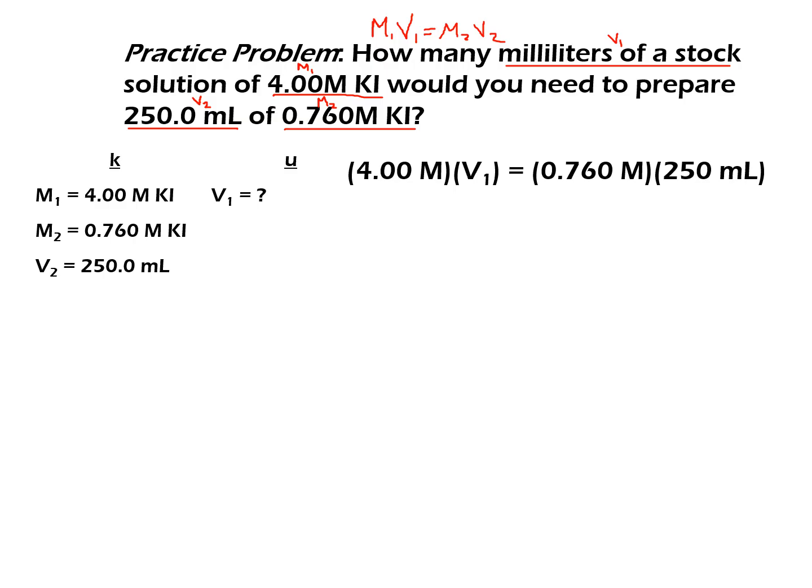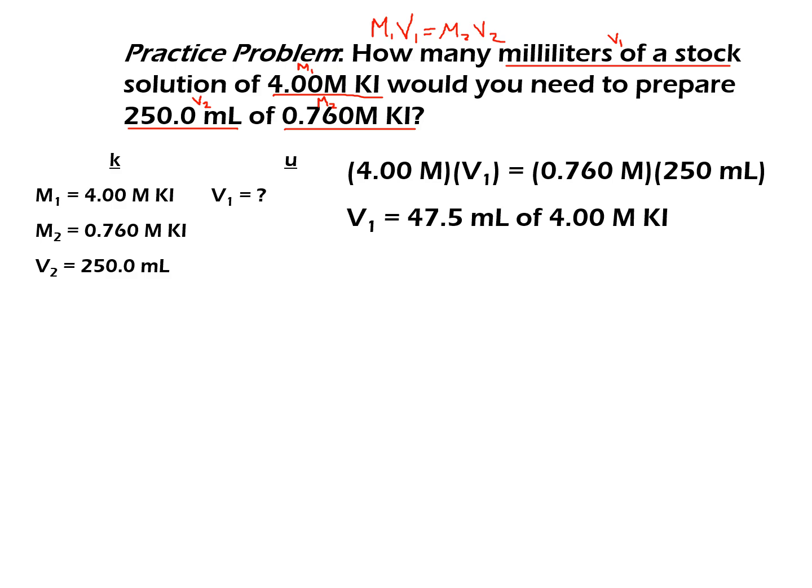All right, you've solved for V1. So you took 0.76 times 250, and then you divided by 4. And so your final answer is 47.5 milliliters. What does that tell us? Since V1 is of the stock solution, that means I need to take 47.5 milliliters of the 4 molar KI. And what do I have to do to it?